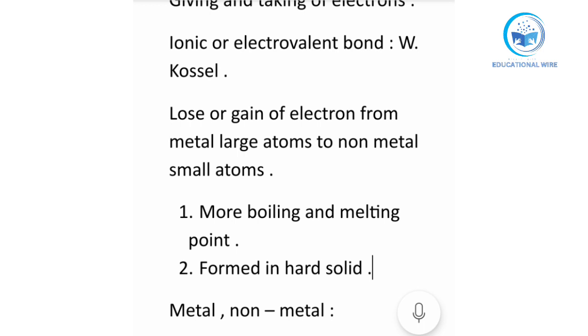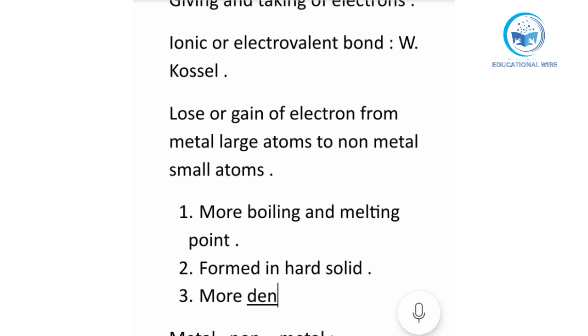Because it depends on the charges, means positive ion, negative ion, so that's why it's formed in a hard solid. After that, it has more density because it's tightly packed because of high charges. All the reasons behind it is the high charges, and in covalent bond there is a lack of charges.